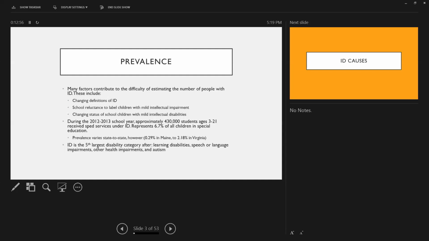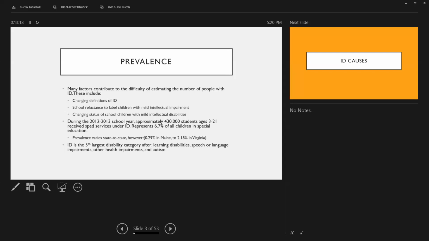Remember when I showed you that graph that showed the dramatic decrease in the number of students with intellectual disabilities served by IDEA, accompanied by that dramatic increase of students with autism who are served by IDEA.